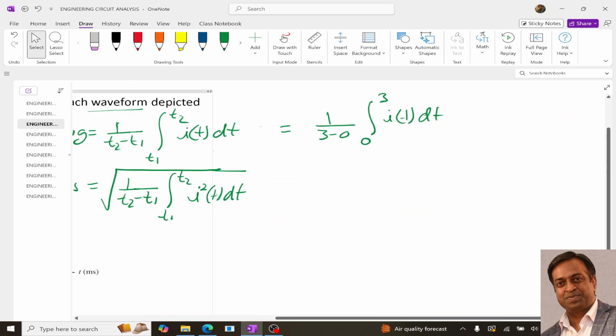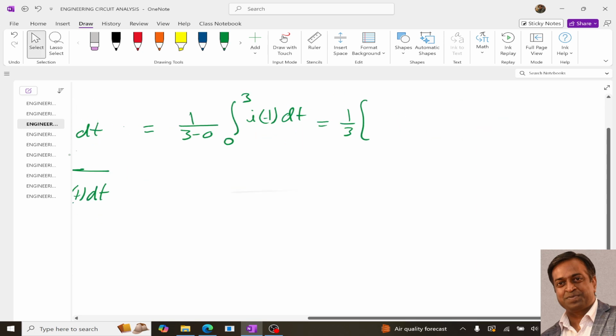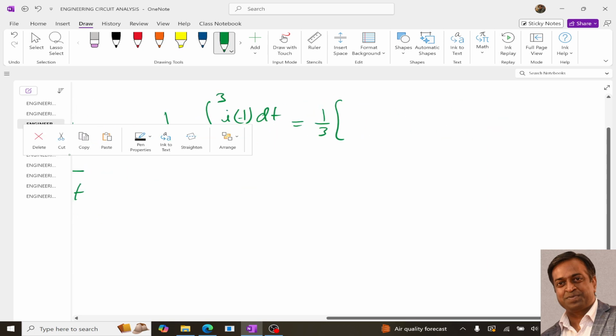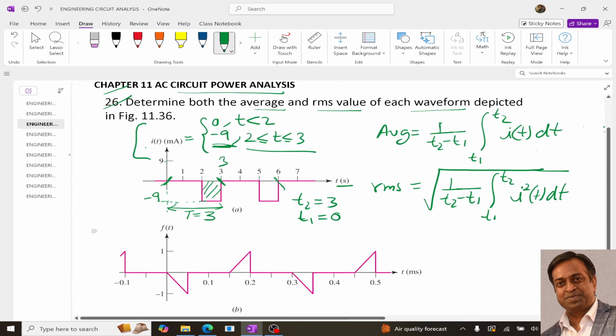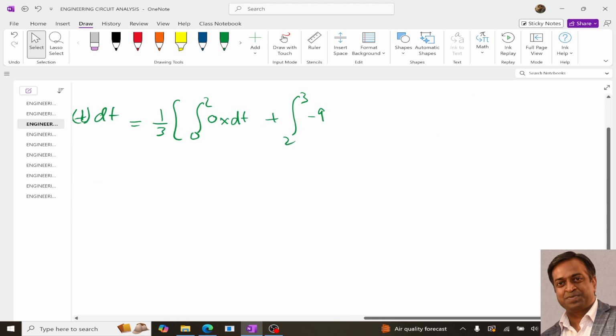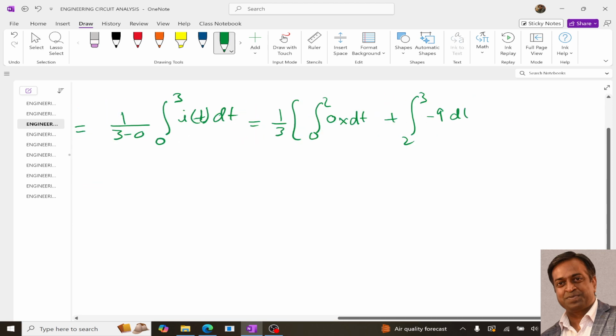So we can divide this integration: it is 1 by 3, and then from 0 to 2 it is 0 into dt, plus the integration from 2 to 3 of minus 9 dt.